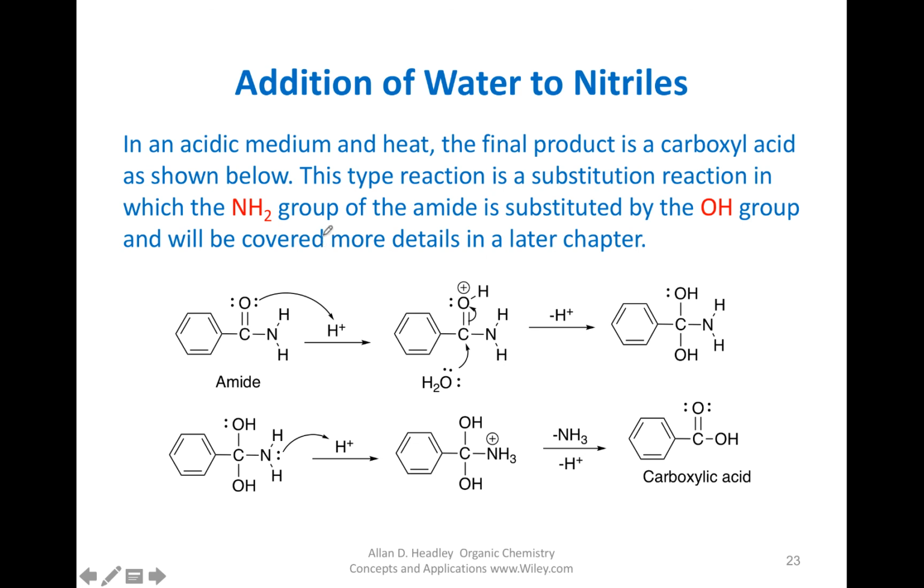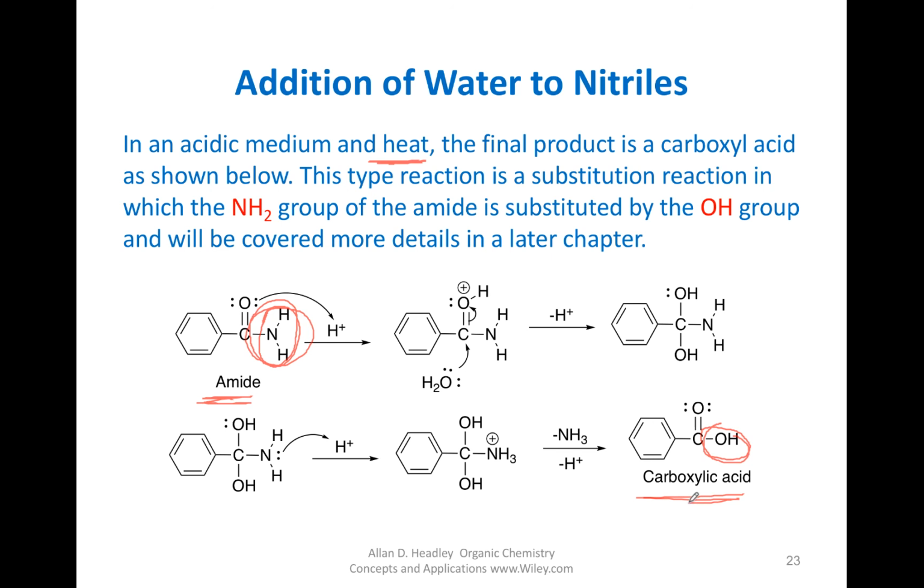I should point out, however, that if the reaction is heated, the final product is actually a carboxylic acid. So here we have an amide, and without going into much detail, which we'll cover in a later chapter, there's a substitution of the NH2 for the OH here to get a carboxylic acid.